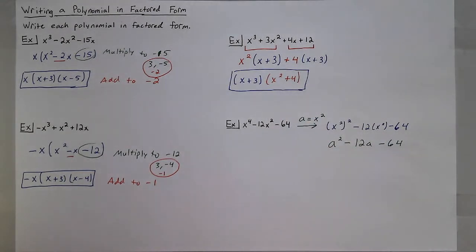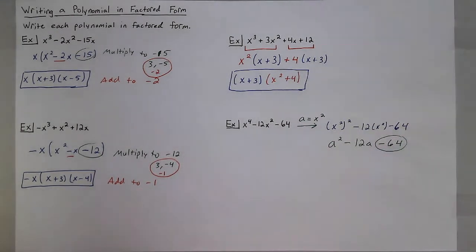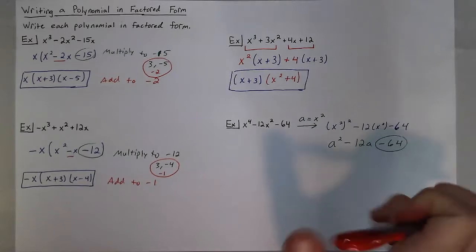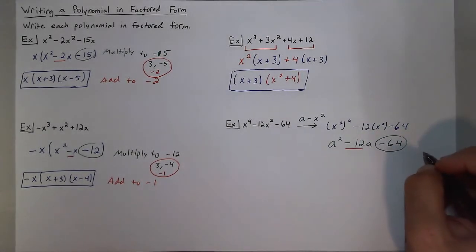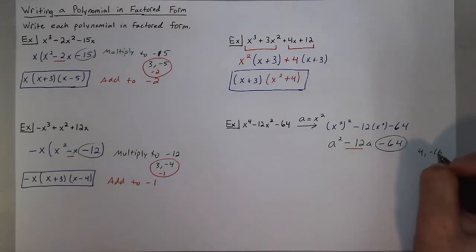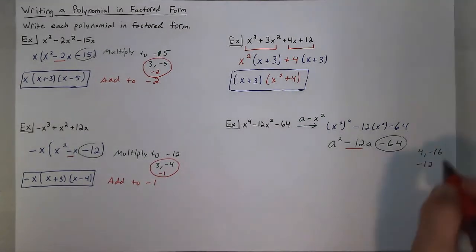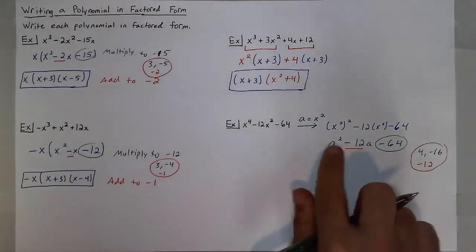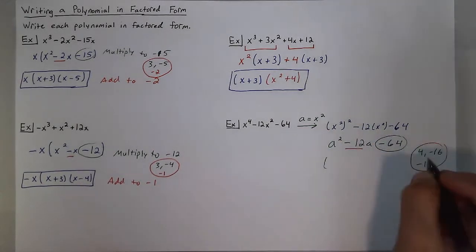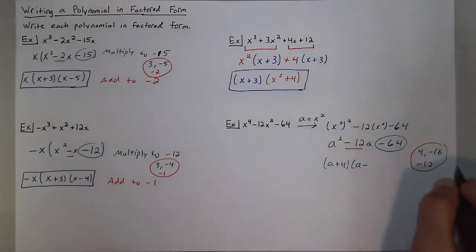So how does this quadratic factor? Well, I'm looking for two numbers that multiply to negative 64 and add to negative 12. That would be 4 and negative 16. 4 times negative 16 is negative 64, and then they add together to give me negative 12. So the way this expression factors with the a is a plus 4 times a minus 16.